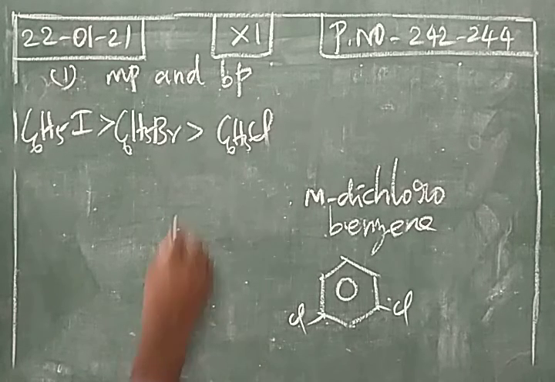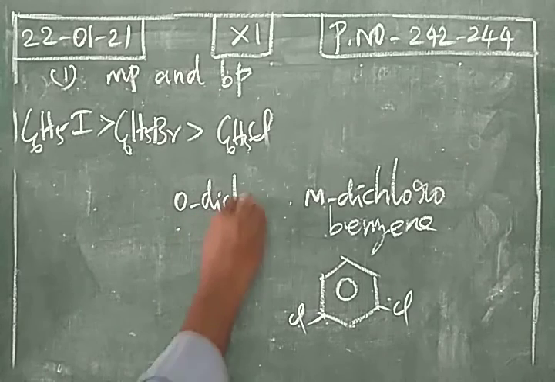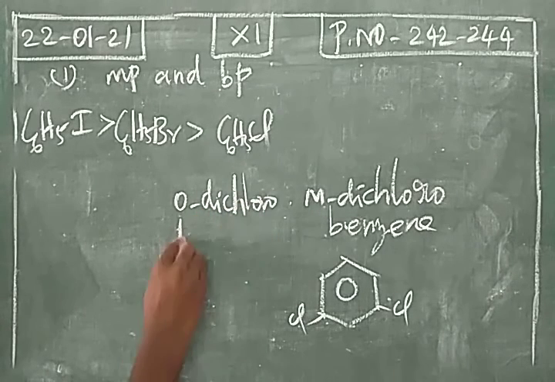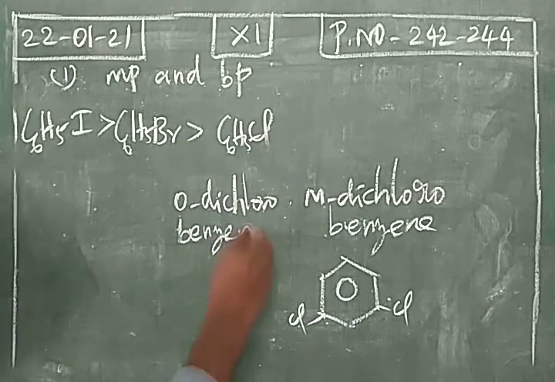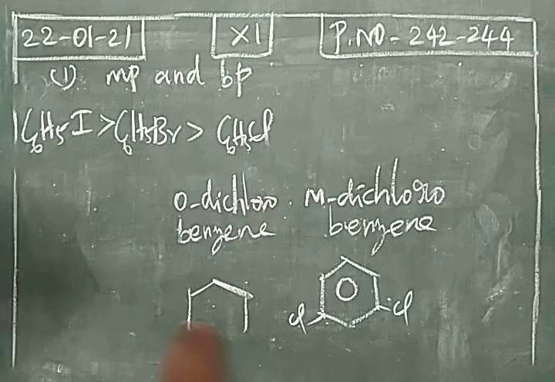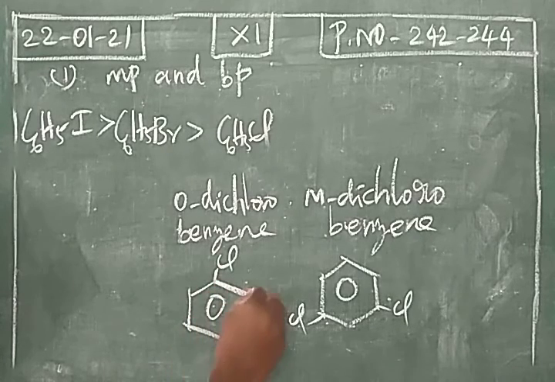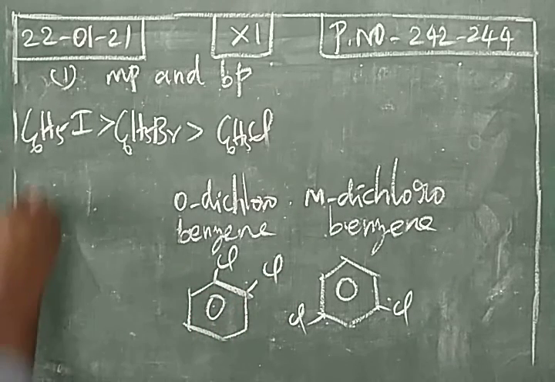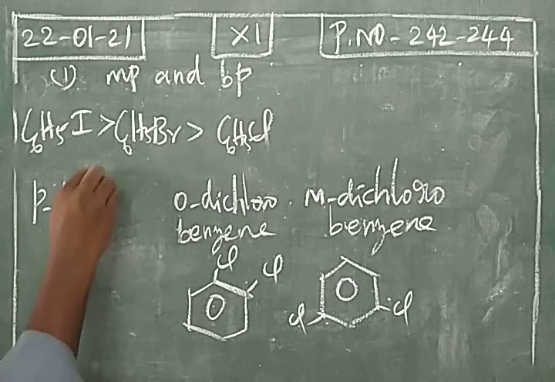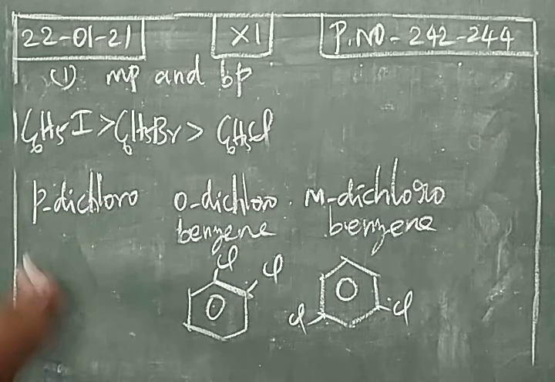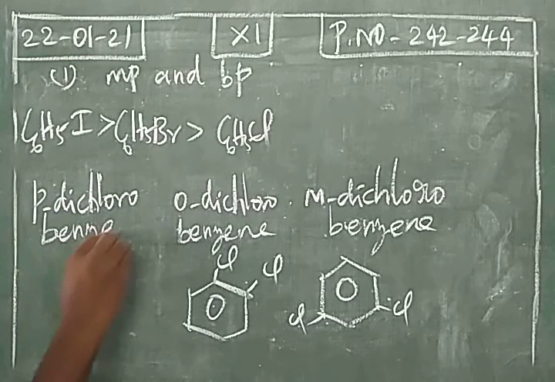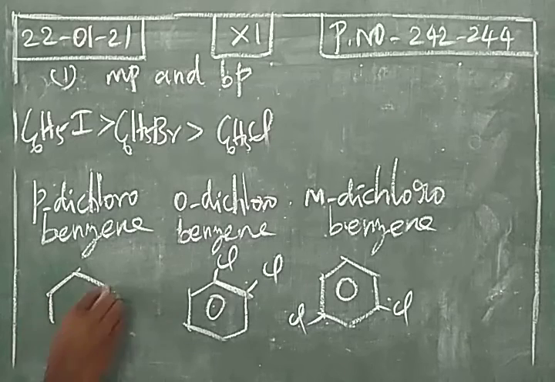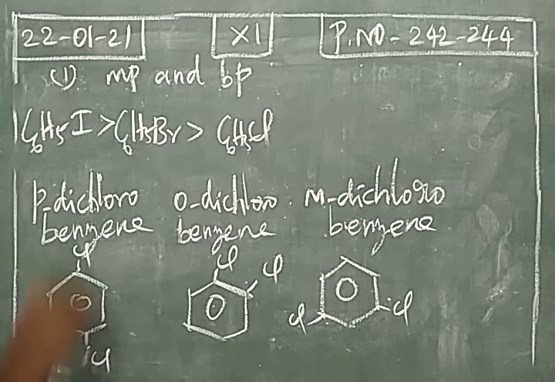Take ortho dichlorobenzene. And para dichlorobenzene. So these are all di-substituted products of benzene.